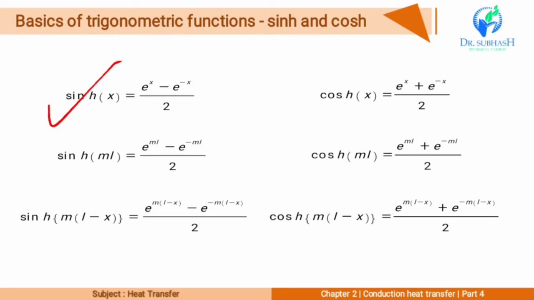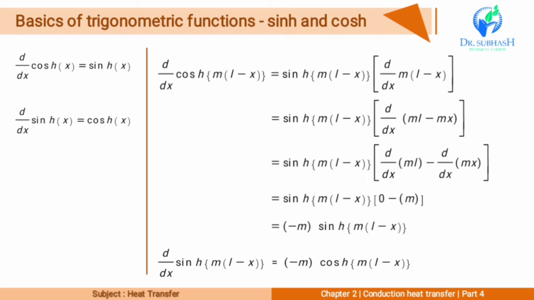Now, cos hyperbolic x is equal to (e raised to x plus e raised to minus x) divided by 2. Cos hyperbolic ml is equal to (e raised to ml plus e raised to minus ml) divided by 2, and cos hyperbolic of m(L minus x) is equal to (e raised to m(L minus x) plus e raised to minus m(L minus x)) divided by 2.